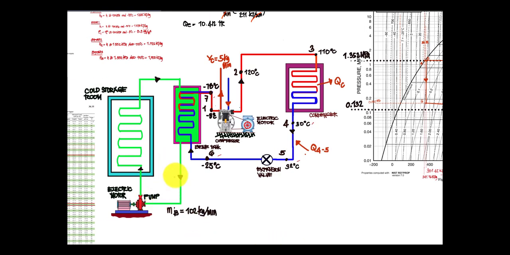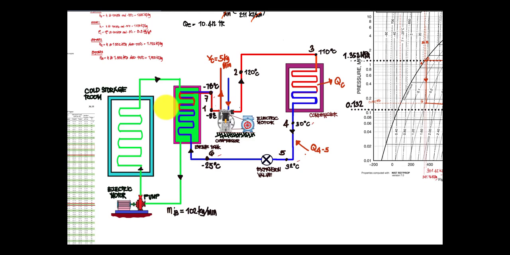You will notice here we have brine water being pumped in the cold storage room, maintaining the temperature in the cold storage room. It has a low temperature coming here, then a higher temperature going here, so it absorbs the heat of the room. Then the higher temperature brine water goes to the brine tank to decrease its temperature by heat transfer from the coil of the evaporator of the refrigerating system.